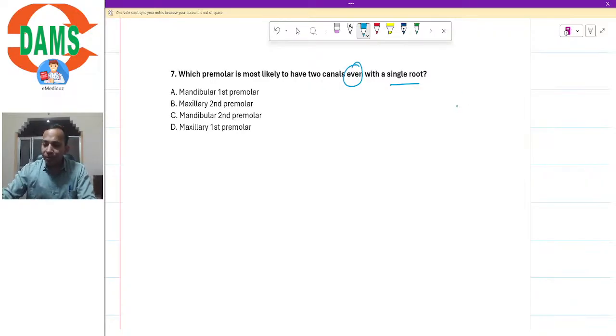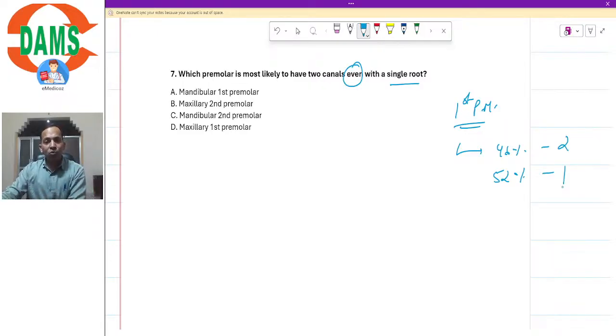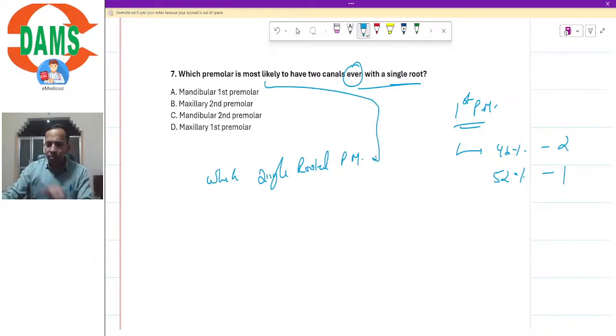As I've said, the first premolar in 46% cases is two rooted, and in 52% cases it has one root. So even if it has a single root, the chances of two canals are maximum in the first premolar. That's why we need to read the question carefully. अगर यहाँ even नहीं होता, अगर ऐसे होता ये question, which single rooted premolar is most likely to have two canals.